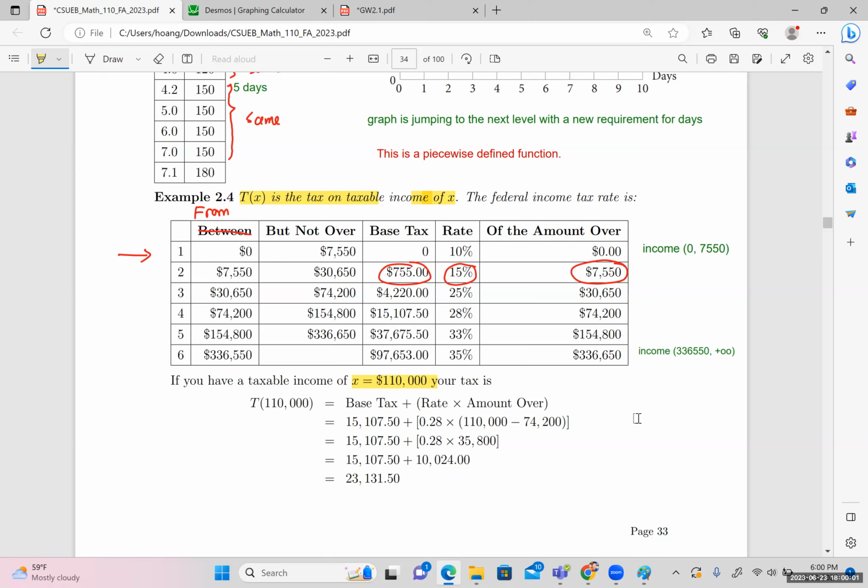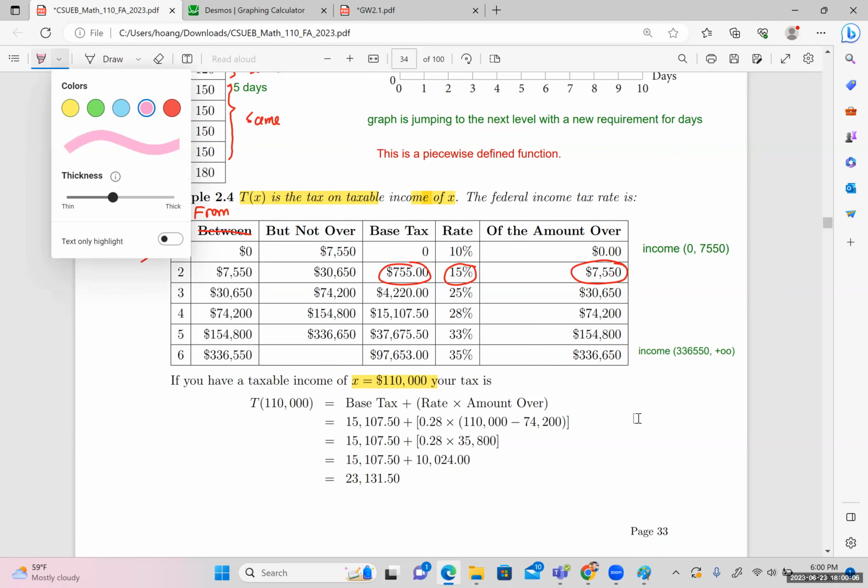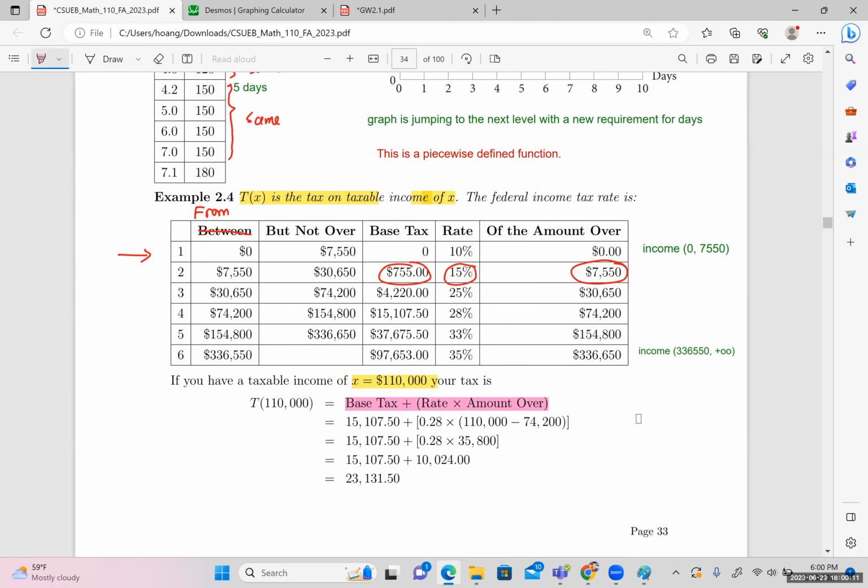I'm gonna use the formula: base tax plus the rate times the amount over. So where is 110,000? At what level? You will take a look at level 4, right?